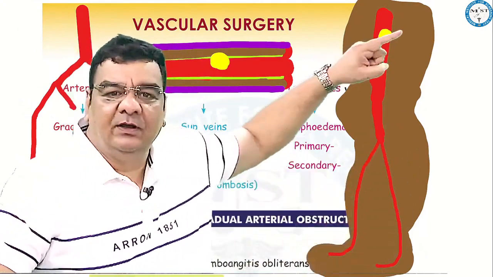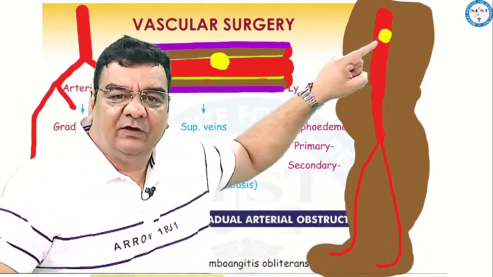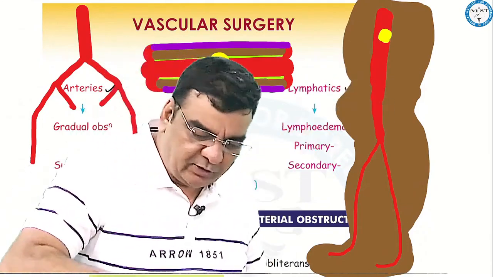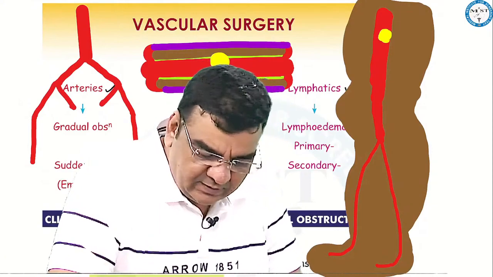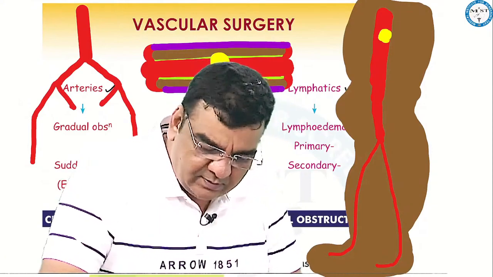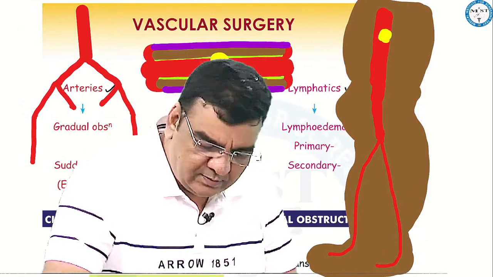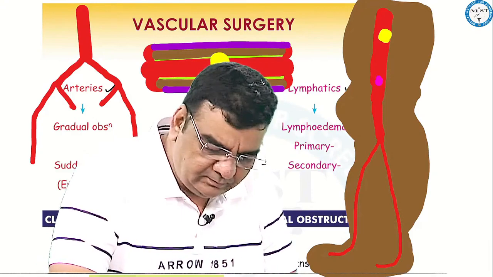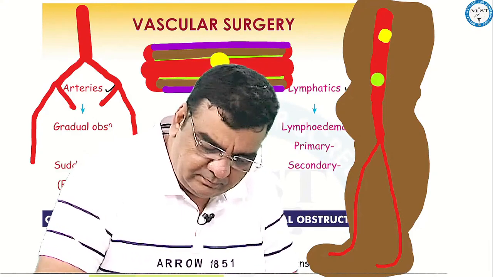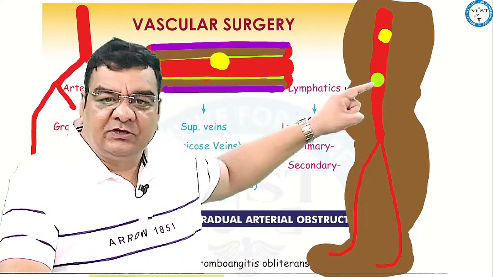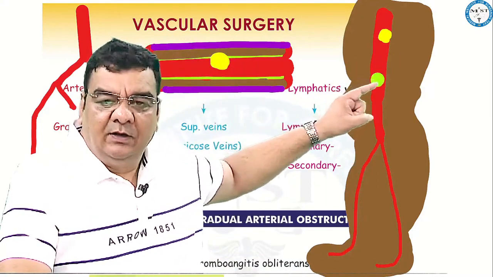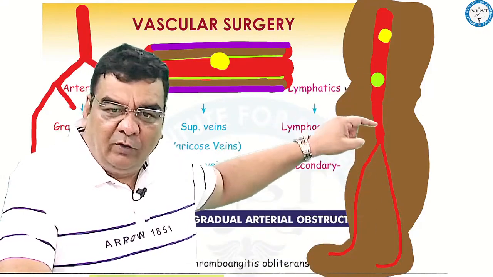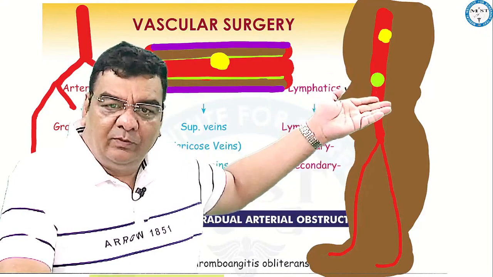Now you just tell me, if there is an obstruction at this level, suppose I create an obstruction at this level. What do you expect the nature of pulse below the obstruction? Will it be low volume or will it be high volume?